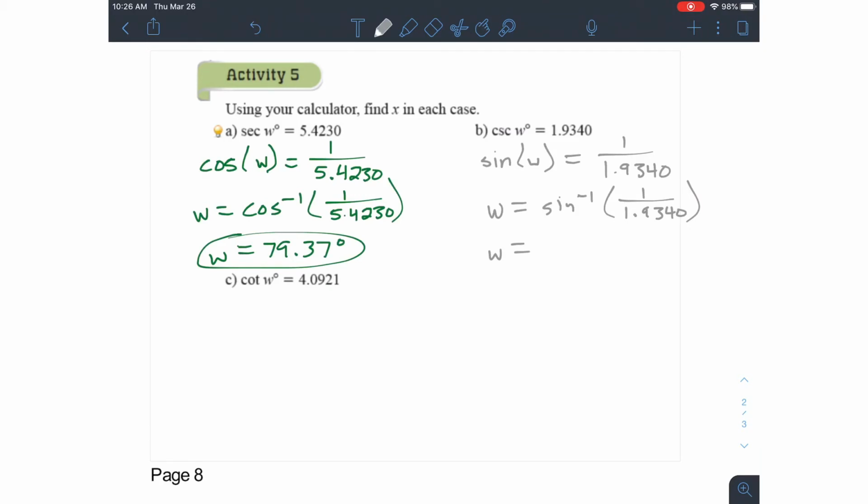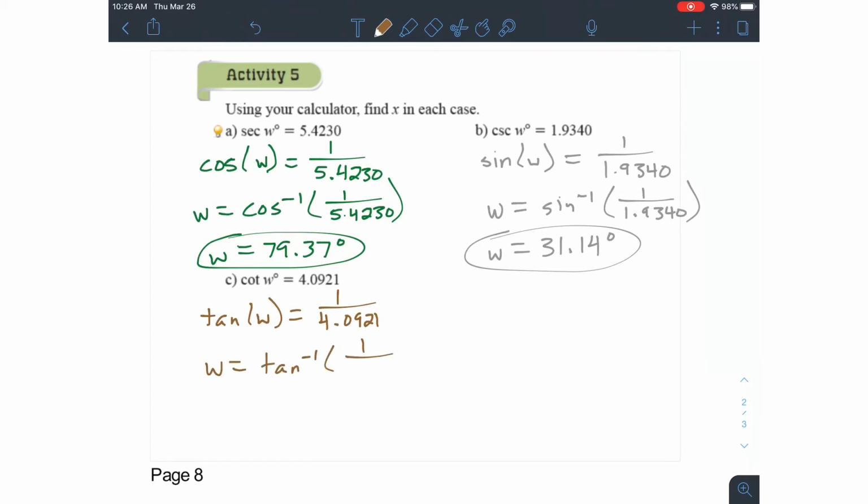And that ends up being 31.14 degrees. And then finally letter C, so cotangent, is going to become tangent of W, and then the right side becomes 1 over 4.0921. Then we will do the arctangent of both sides, put that in the calculator, and there's your answer. So W in this case will be 13.73 degrees.